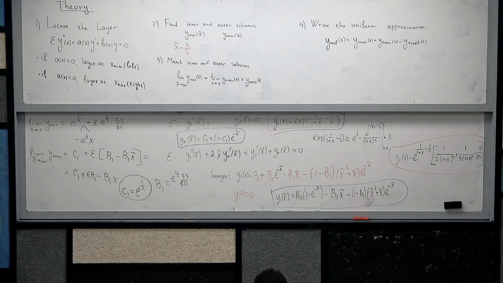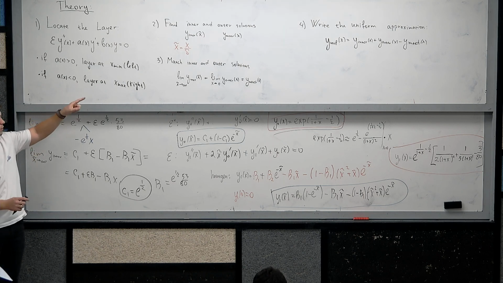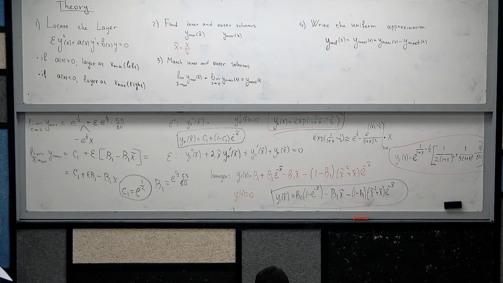Okay, good. So we have some time to show you an example where the scaling is different, so not x over epsilon, but different. Let's look at this example.